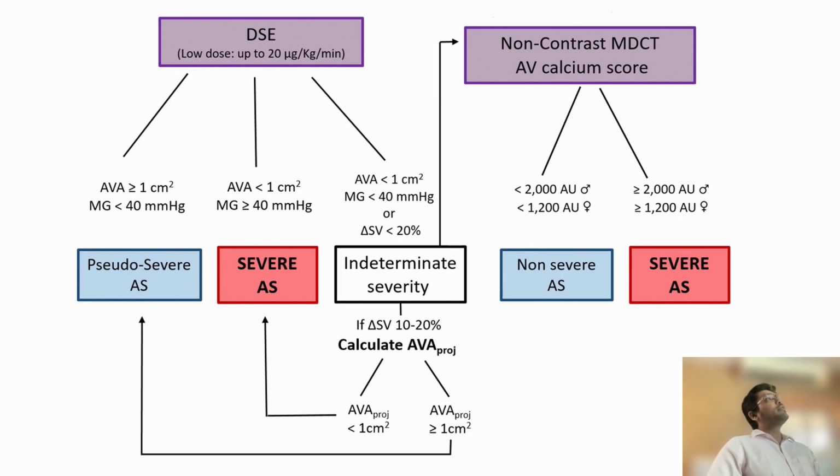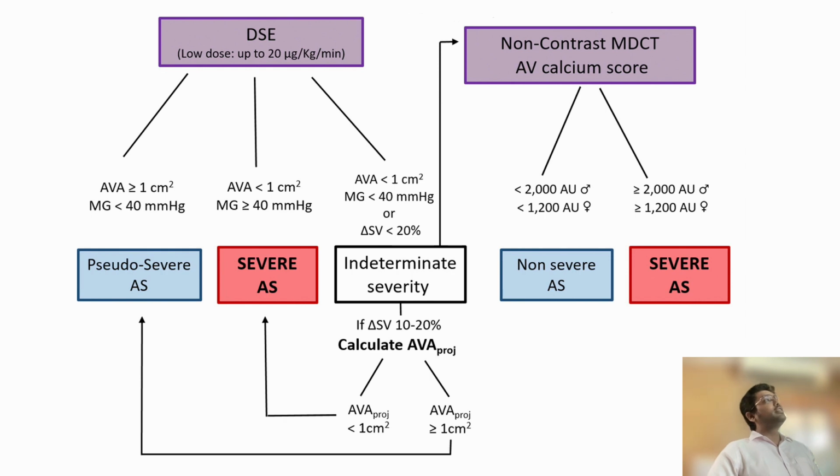If the aortic valve area is less than 1 centimeter square and the mean gradient is still less than 40, or the change in stroke volume is less than 20%, it is indeterminate severity. In these cases we will do the aortic valve projected area, which I am coming to in a later slide. If it is less than 1 centimeter square, it is a severe AS. If it is more than 1 centimeter square, it is a pseudo severe AS.